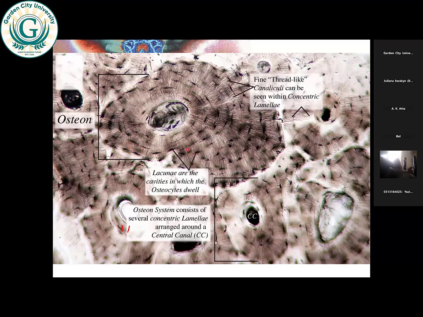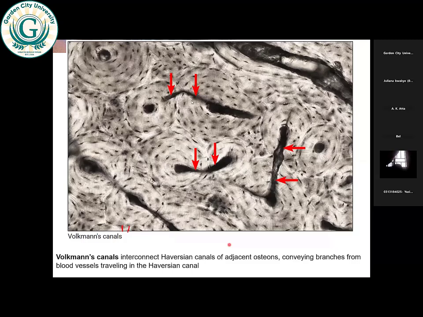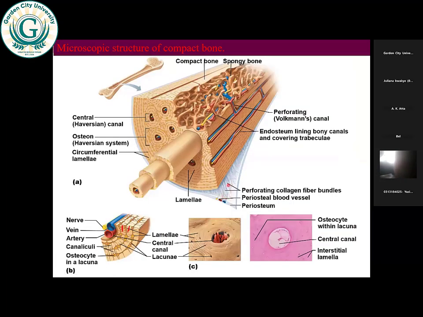You have these many osteons, which are arranged according to the direction of the bone. And these ones here, you see, these are the Volkmann's canals, connecting one osteon to another osteon, and also connecting the periosteum to the osteon. So that's what they do.